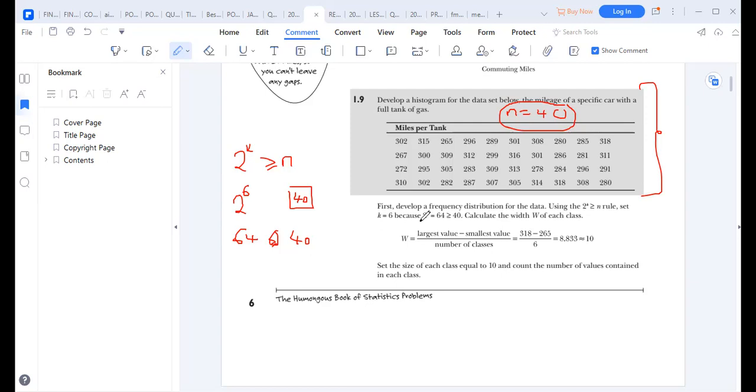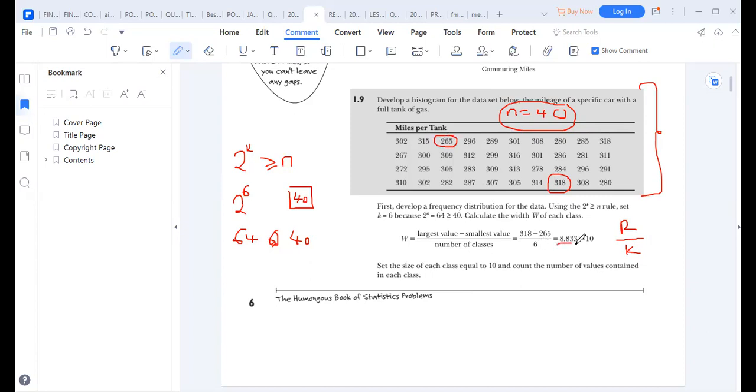That's step 1. Step 2, you find the range over the k. The range is simply the difference between the highest number and the smallest number. So the highest value in this case will be 318 and the smallest value is 265. So you subtract the highest minus the smallest, then you divide by 6.